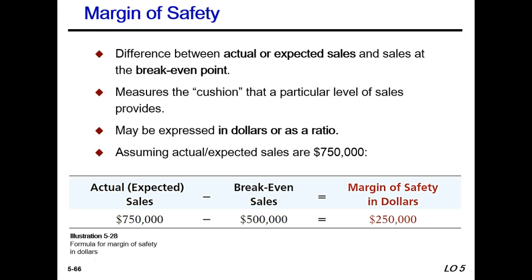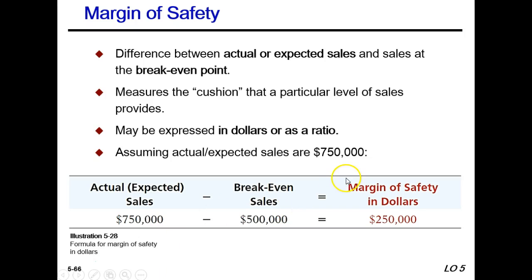Now, with every job or with every company, in a perfect world, we cover our fixed costs, we know what our net income is, voila, that's what we want to sell. But what we call the difference between the actual sales and the sales at the break-even point is our cushion called a margin of safety.